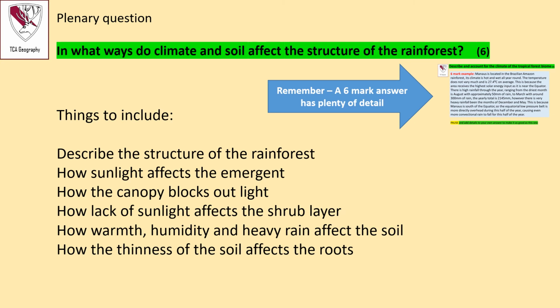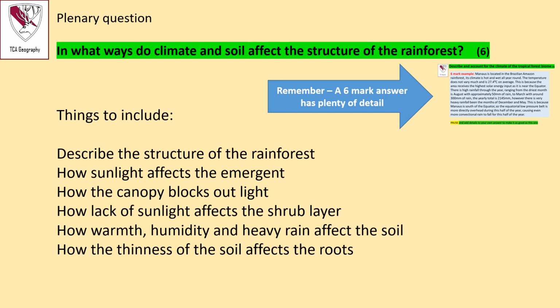And now we're reaching the end of the lesson, so we're going to put these things together. So this is your question. In what ways do climate and soil affect the structure of the rainforest? Now, remember that a 6-mark answer has plenty of detail. I've included a little picture there of that climate answer.